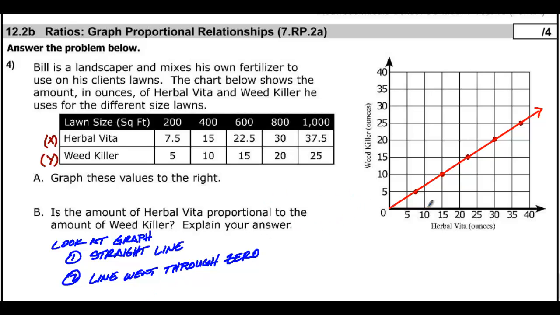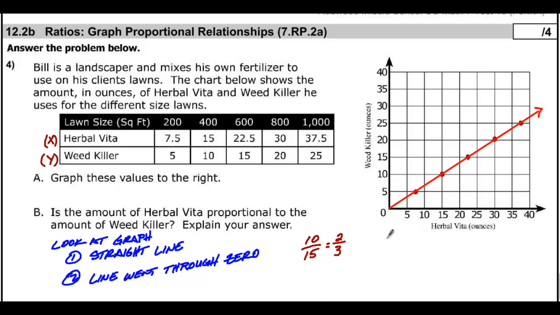So since the herbal vita is on the bottom, it's going to be our independent, the weed killer our dependent. So if you take 10 and divide it by 15, 10 divided by 15 simplifies to 2 over 3.